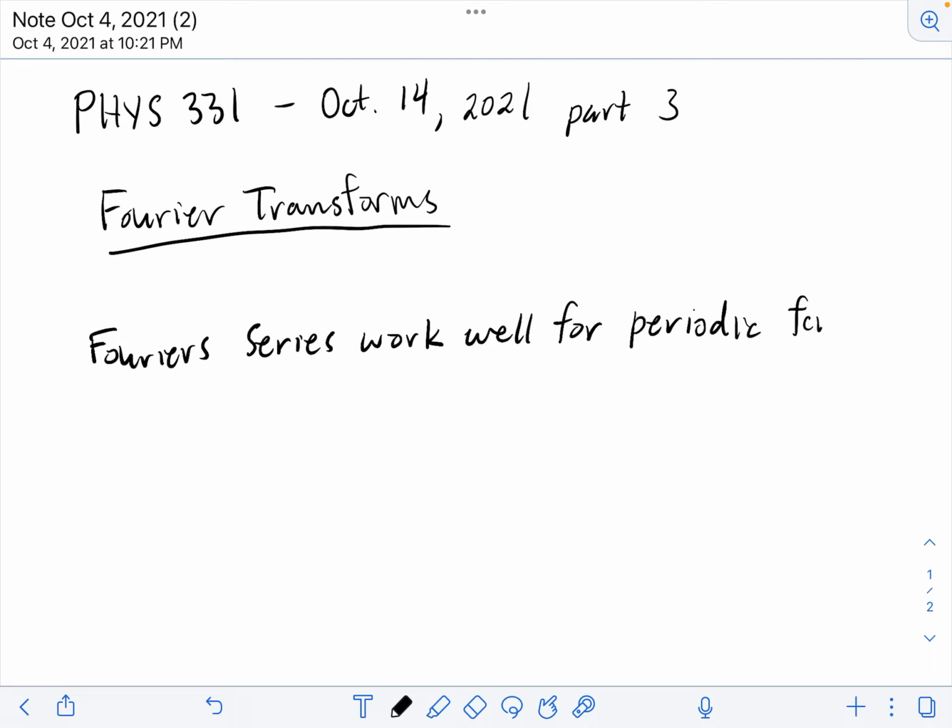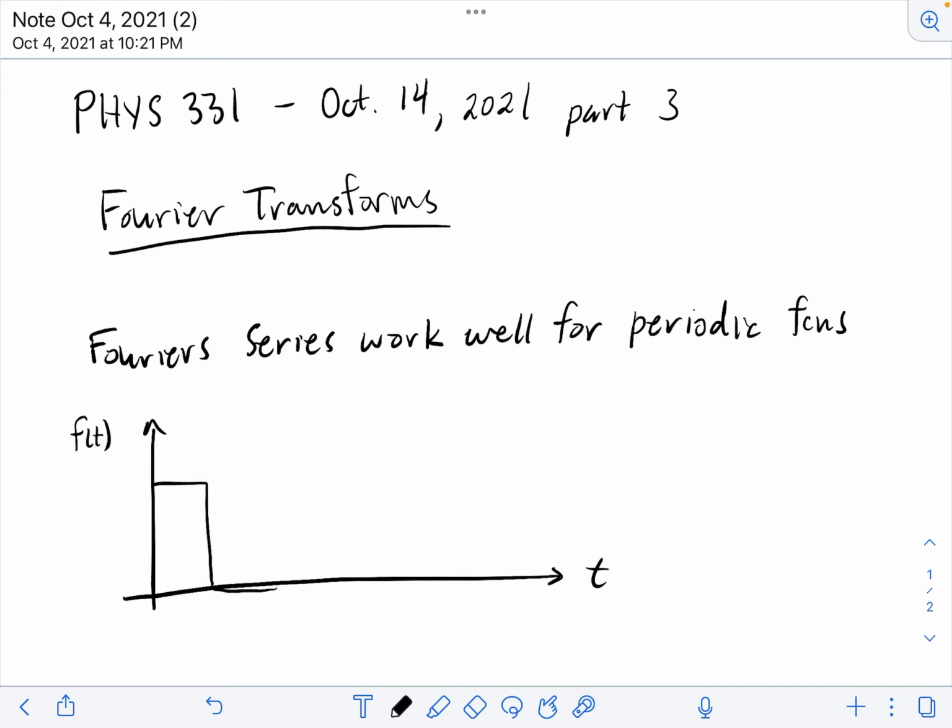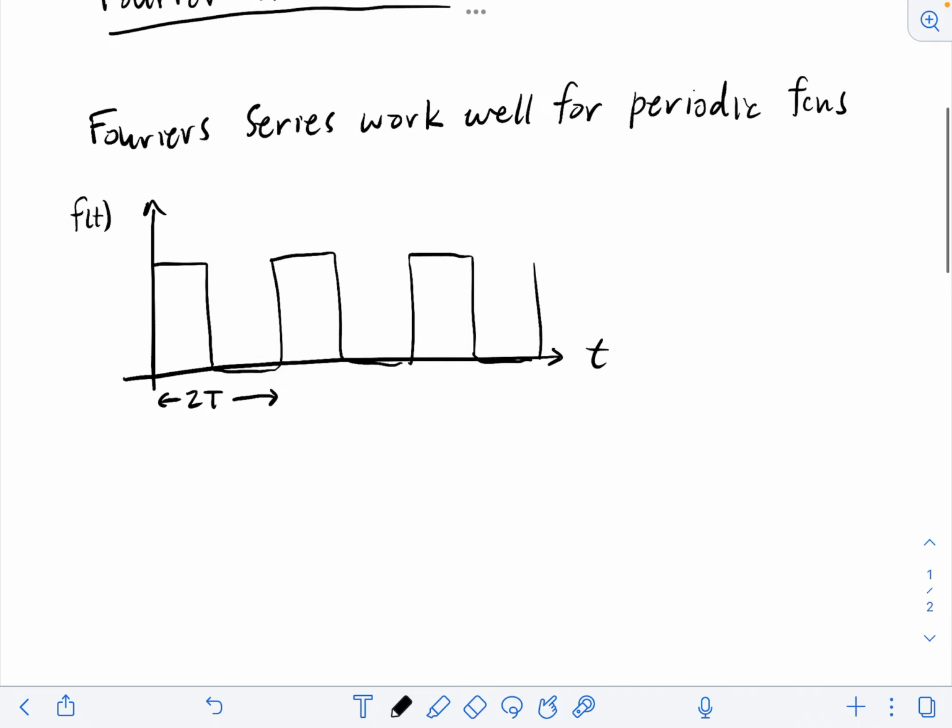And if, for example, we knew the time dependence of some periodic function, so some f of t, and suppose it was a square wave that's periodic, and we call the period 2 times t, then what the Fourier series allowed us to do was to work out the coefficients of the terms of different frequency in the series.